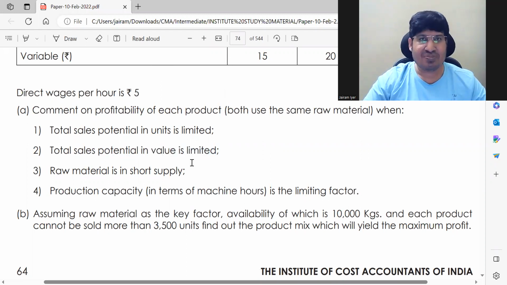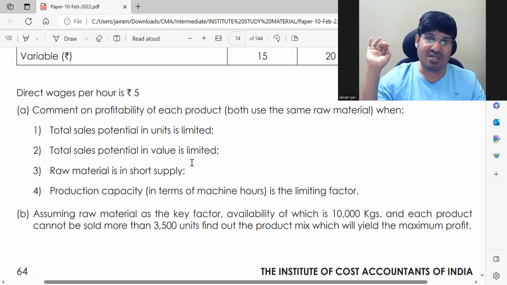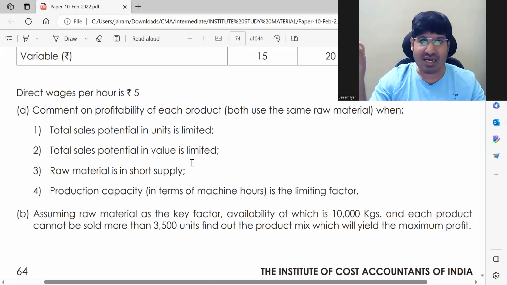That means, say, you can sell goods worth 10,000 rupees. Whichever product you sell, you can sell only up to 10,000 rupees. These things happen when there is some government restriction on the market. At that time your sales potential in value can get limited.